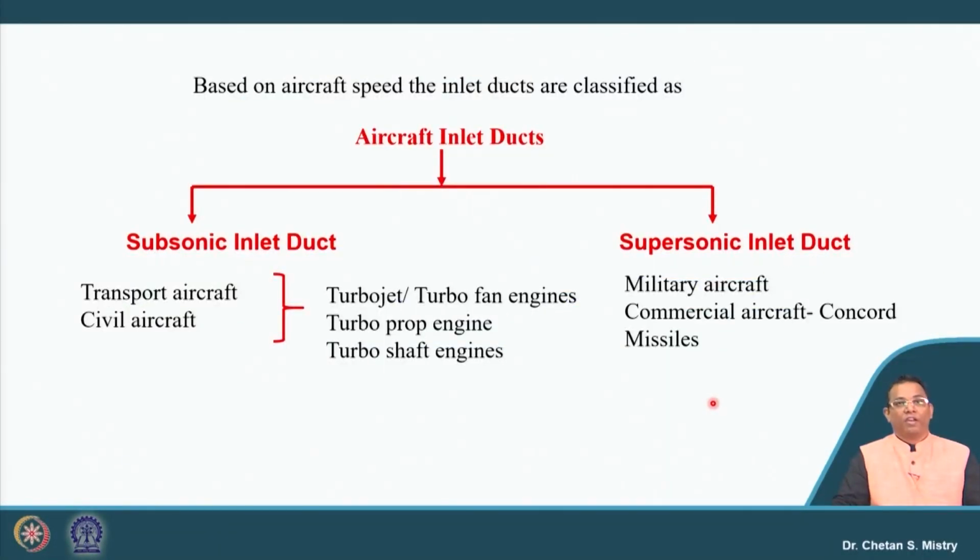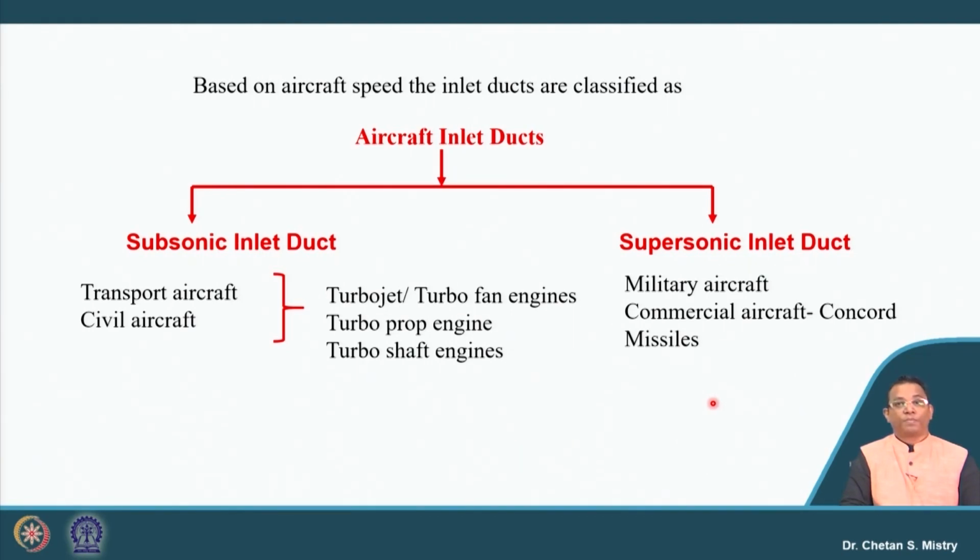Now these intakes are classified as subsonic intakes and supersonic intakes. Subsonic intakes have application for transport aircraft and civil aircraft, which use turbojet, turbofan, turboprop, or turboshaft engines. Similarly, supersonic intakes, for aircraft flying above Mach 1, are a special requirement for military applications.